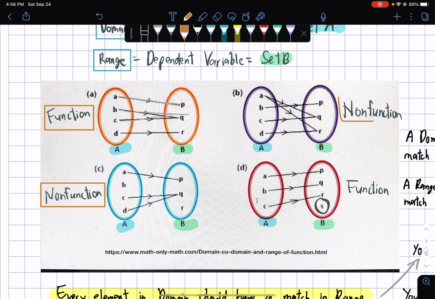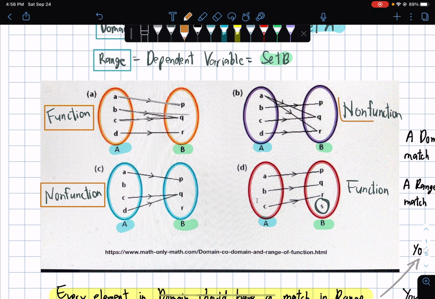Every element in the domain should have a match in the range. You can have more range elements match with one domain element, but you cannot have more domain elements match with one range element. Those are basically conclusions based on observations.